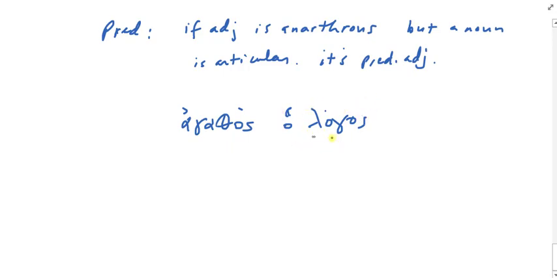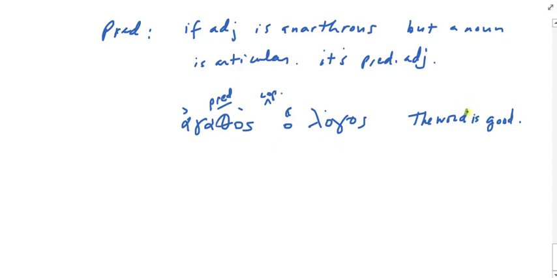If the noun is articular and the adjective is anarthrous, then it is a predicate use, and all predicate uses have to insert some copula that's telling you what the noun is. In this case, this is a predicate adjective. I have to translate this as not the good word, but the word is good. Or if you kept it in the same order, good is the word. Okay, but that's saying the same thing as the word is good.